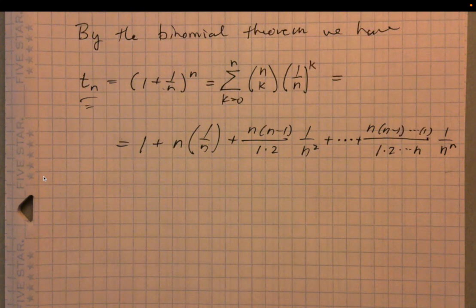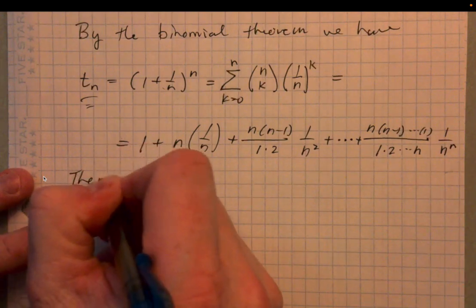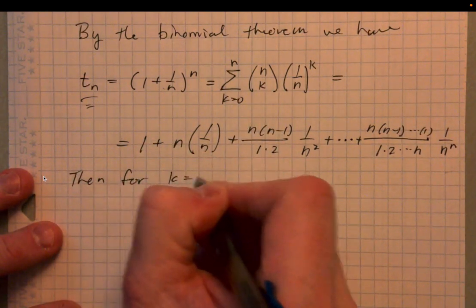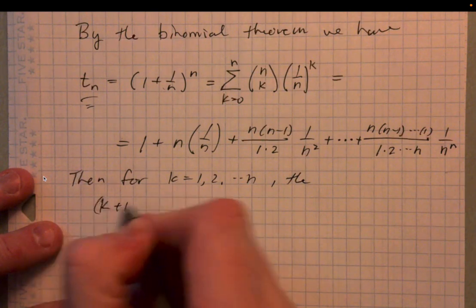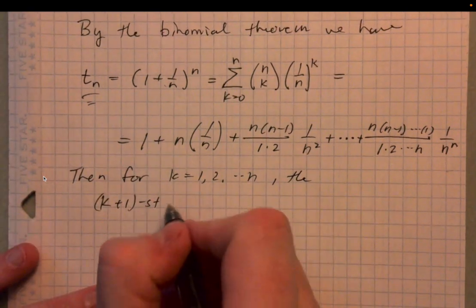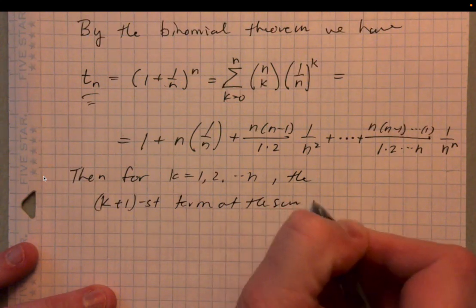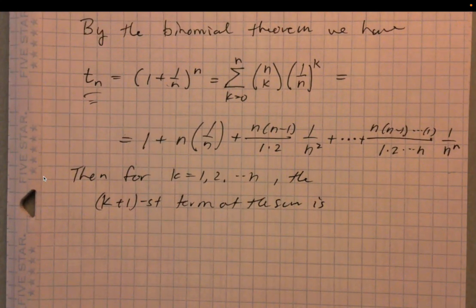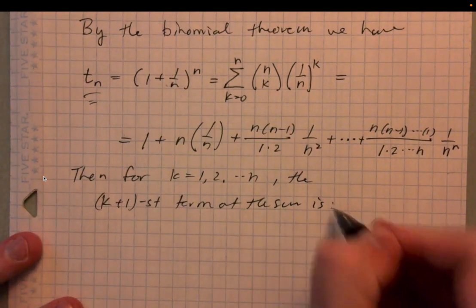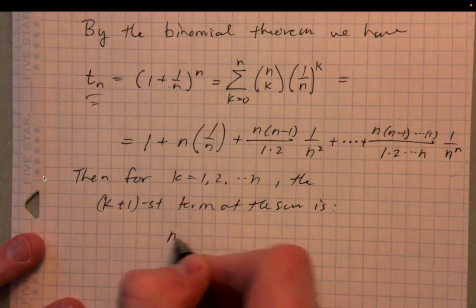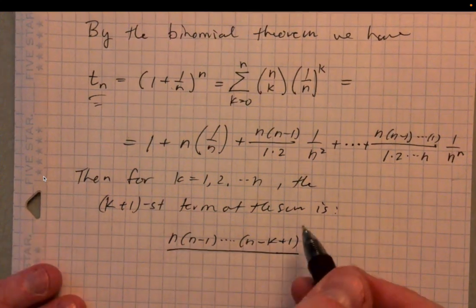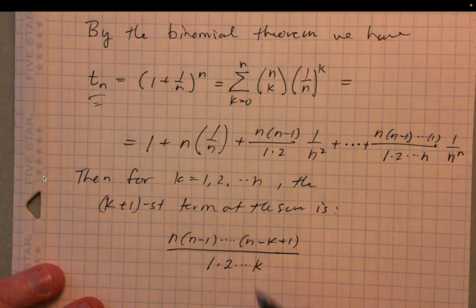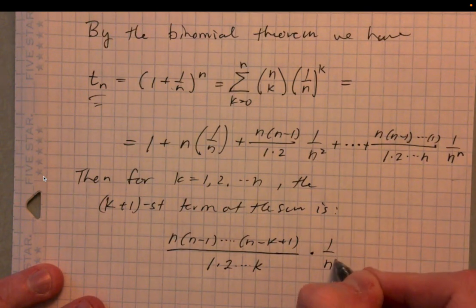Next, let's see, what do we have here? For k equals 1 up to n, the k plus 1 term of the sum, whatever k happens to be, is going to look like this: n times n minus 1 dot dot dot times n minus k plus 1, all over k factorial, and then times 1 over n to the k power.